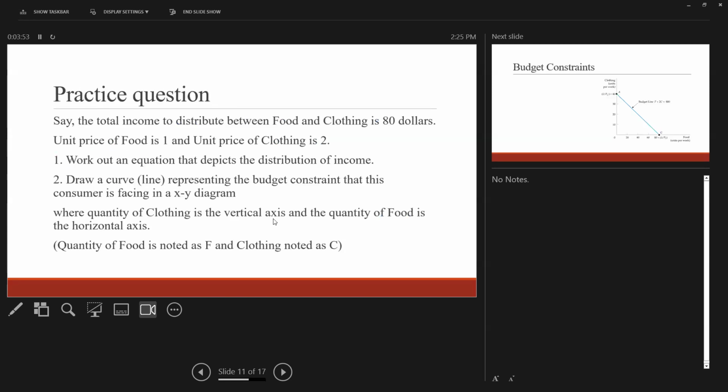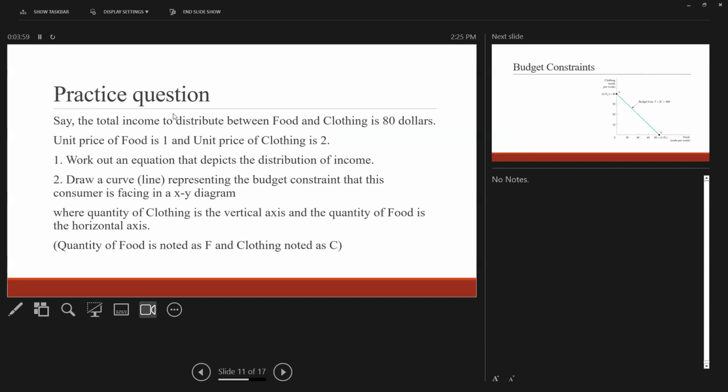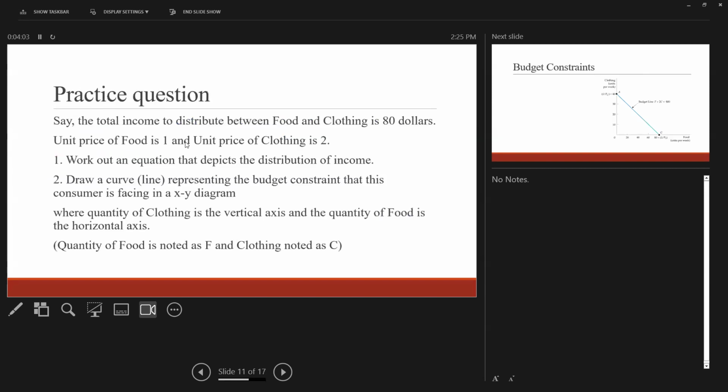Then let's look at this practice question and try to figure it out. I'm trying to use this numeric example to demonstrate to you why this format is aligned. Let's look at this, and I'll give you 3 minutes to work on question 1 and 2 minutes to work on question 2.